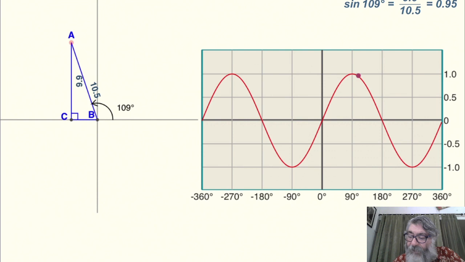But if you subtract 109 from 180, you will get the angle. 180 minus 109 will be how much? 71. It will be 71.